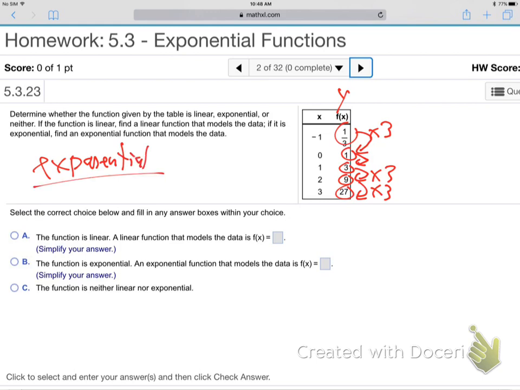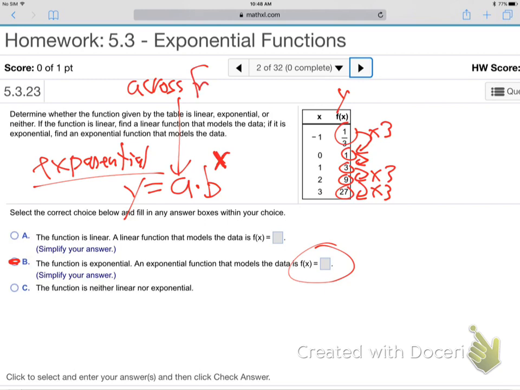So first off, yes, it's exponential, but now they want to know, what is that exponential function? Well, I gave you the general setup. It's a times b to the x. That's what you want to put on your 3x5 card, the general form of an exponential, but we've got to find the a and the b now. How do you find the a? The a is whatever is across from x equals 0 in the table.